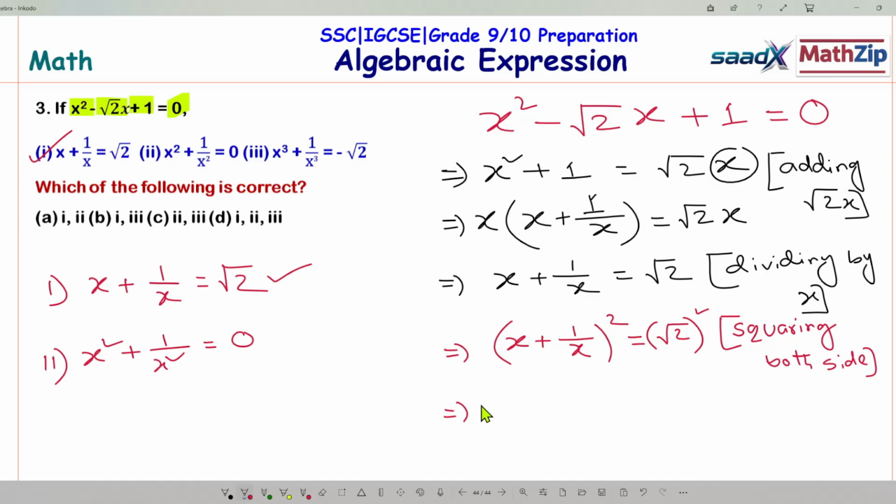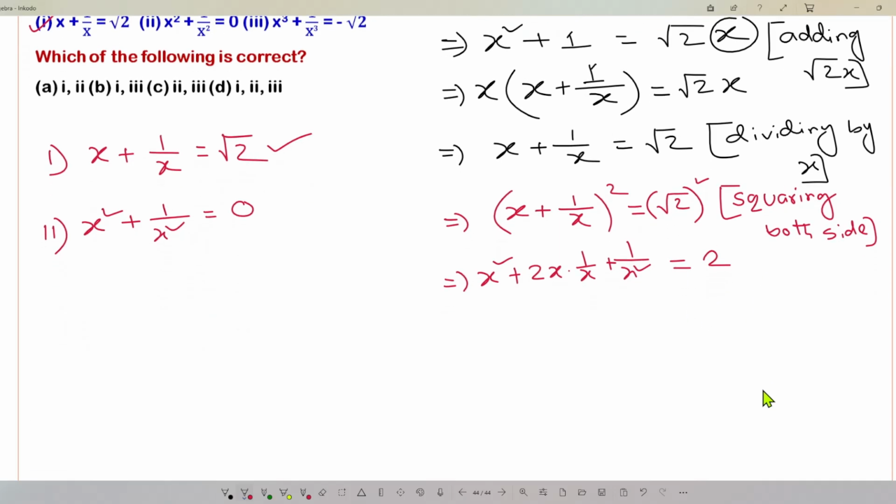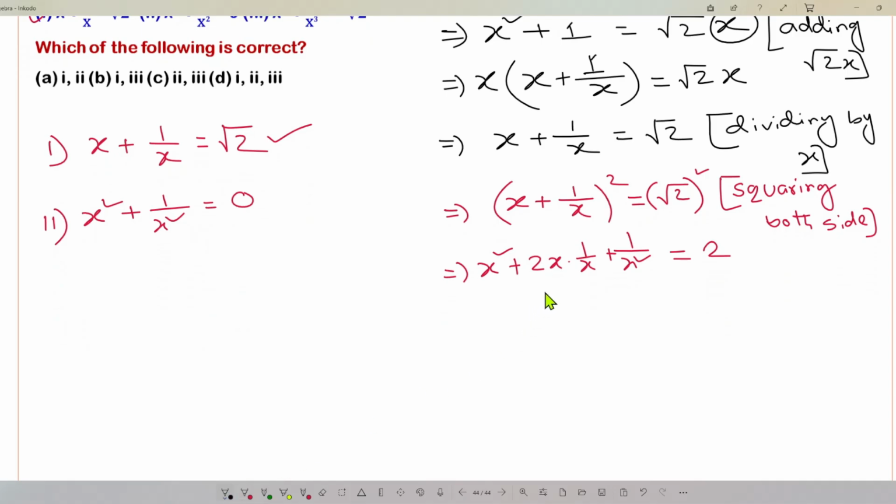A plus b whole square, it means x square plus 2 times x times 1 by x plus 1 by x square, a square plus 2ab plus b square, equals root 2 square, which is 2. Then this x and this x cancel out, so here is x square plus 1 by x square plus 2 equals 2.